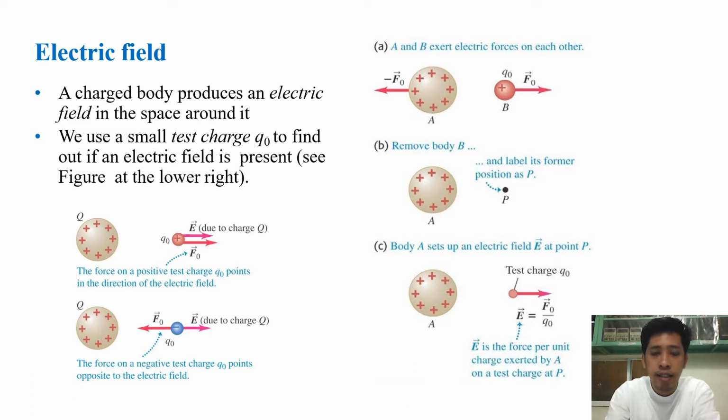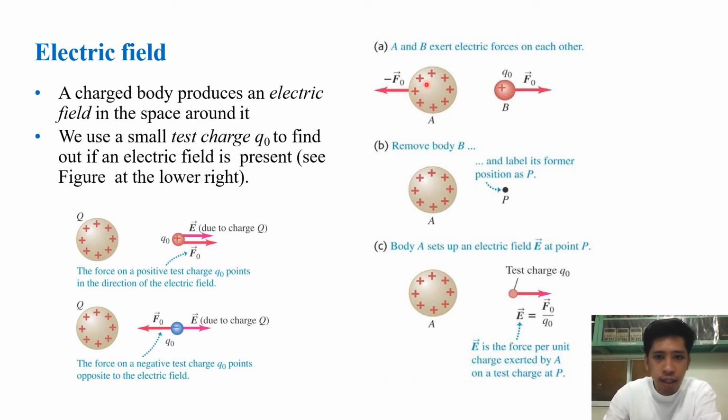One way is if we have a test charge, let's say the test charge is Q naught, and we're going to use this test charge to test if there is an electric field present in the space. Say for example we have a charged body here, a positively charged body, a continuous positive charge distribution.